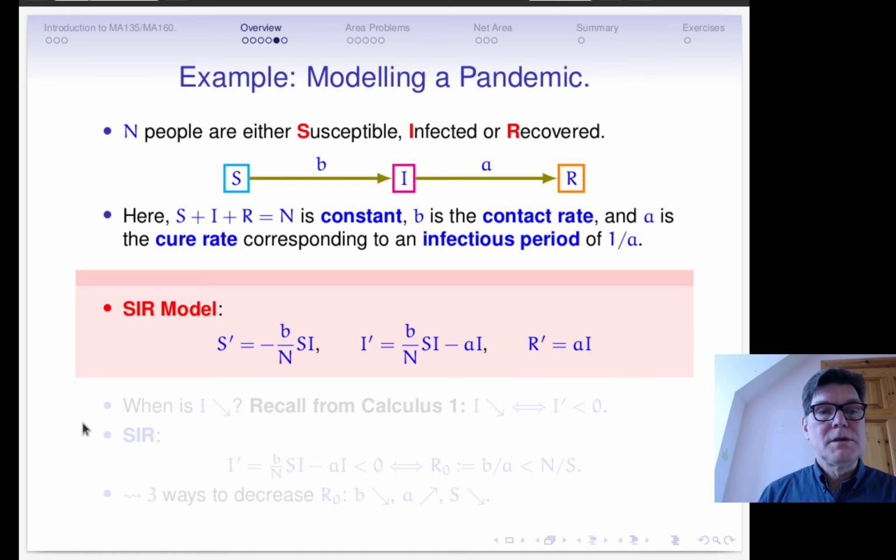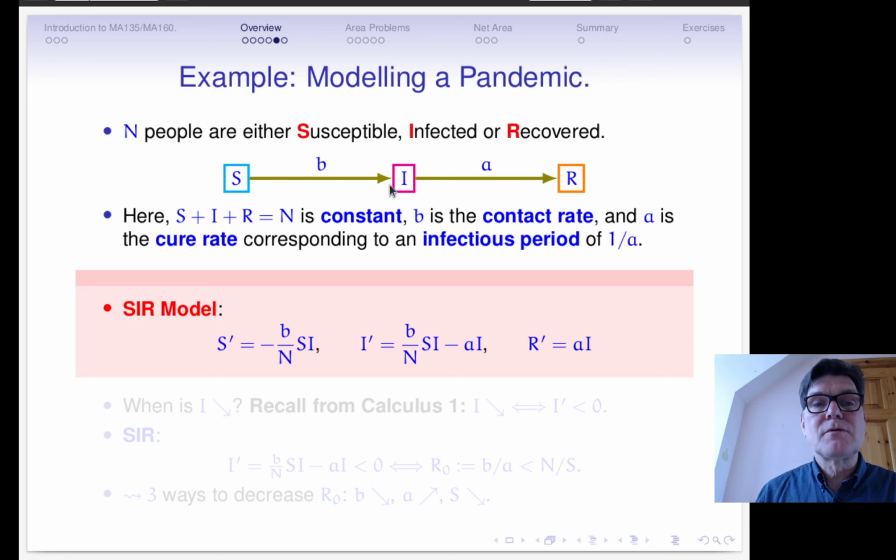Now, similarly, the derivative of S, the rate of change in the group of susceptible people, the rate at which the number of susceptible people decreases, can be described as being proportional to, now here it's the product of S and I. The size of I, the number of infected people, times the number of susceptible people.